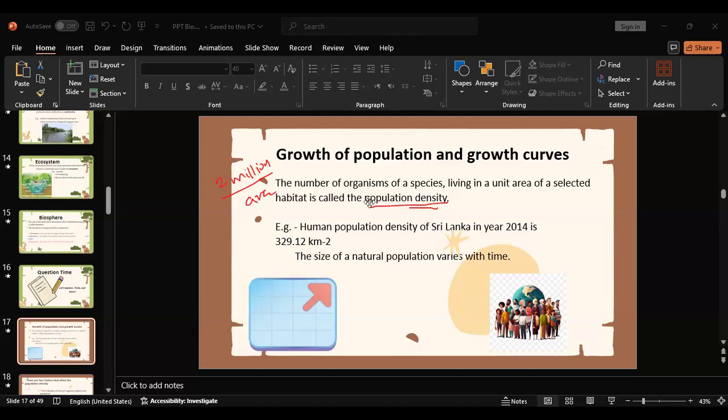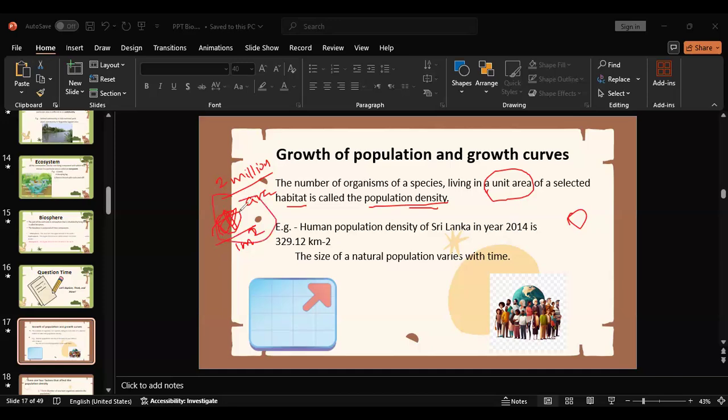So the definition we should say like this: the number of organisms of a species living in a unit area of a selected habitat is known as the population density. Here, we should take a unit area, that means per area, for the particular 1 square meter, how many organisms.